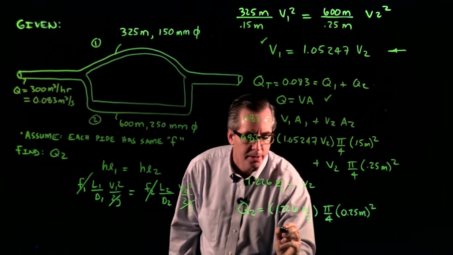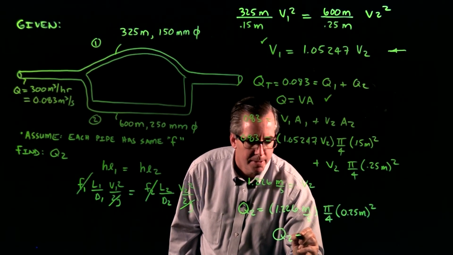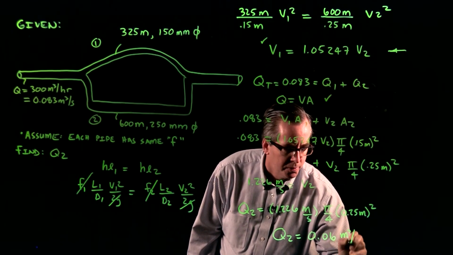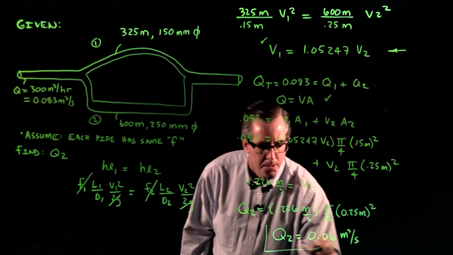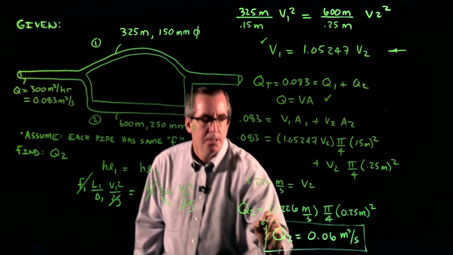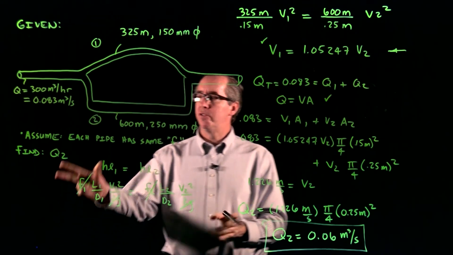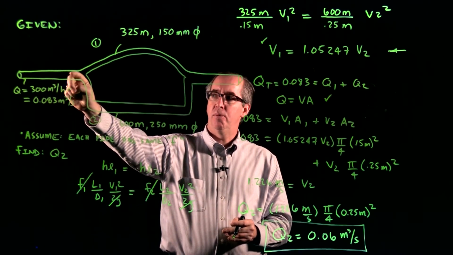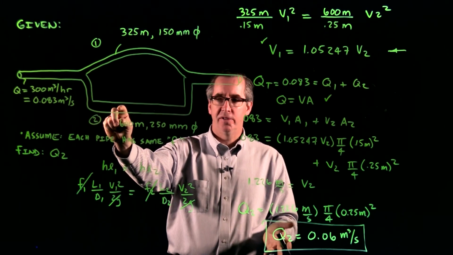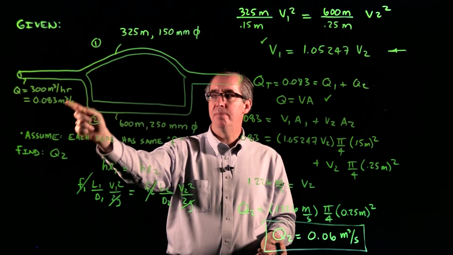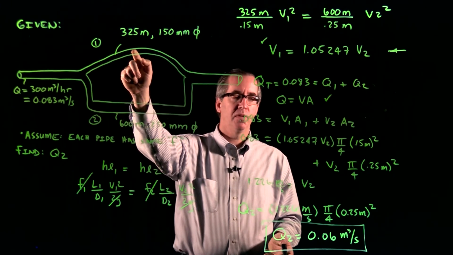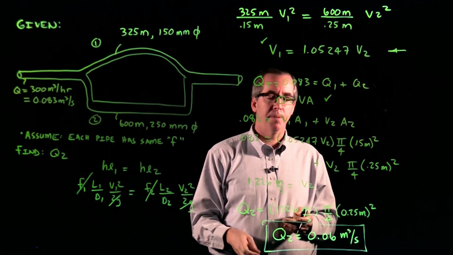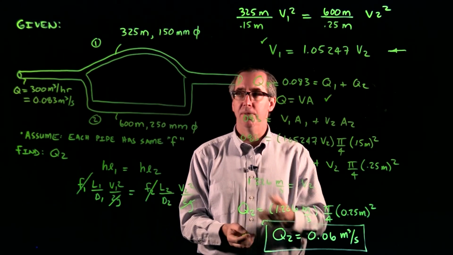We conclude that the flow going through that pipe is 0.06 cubic meters per second. So essentially, if we have a flow of 0.083 at this point, 0.06 is going through this pipe, and the remaining 0.023 would be going through this pipe. So roughly 2/3 of the flow is going through this pipe, and 1/3 of the flow is going through that pipe. And that concludes this example of a parallel pipe flow.